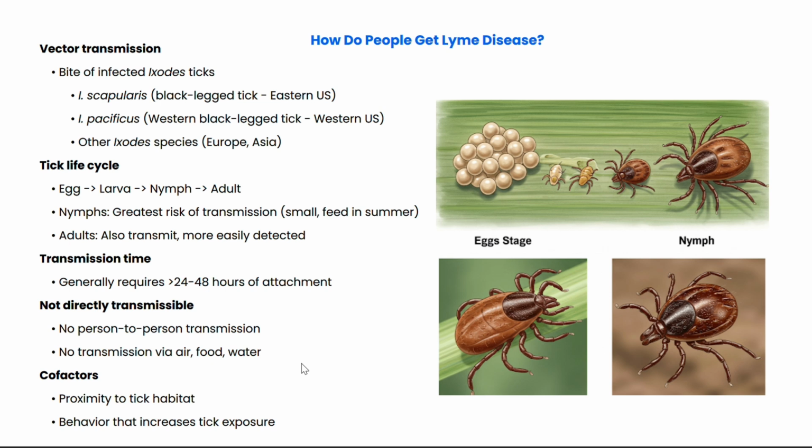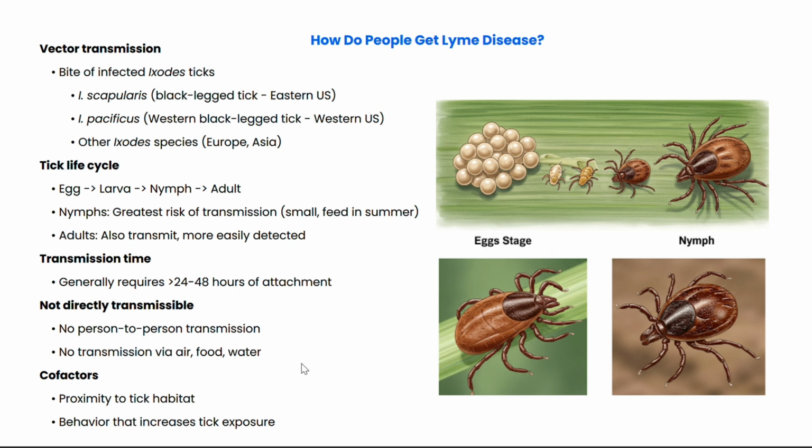And they are most active during the summer months when people spend more time outdoors. Adult ticks can also transmit the bacteria, but they are larger and more easily noticed and removed. A crucial point to emphasize is that the infected tick generally needs to be attached for more than 24 to 48 hours to transmit the Borrelia bacteria. Note it.